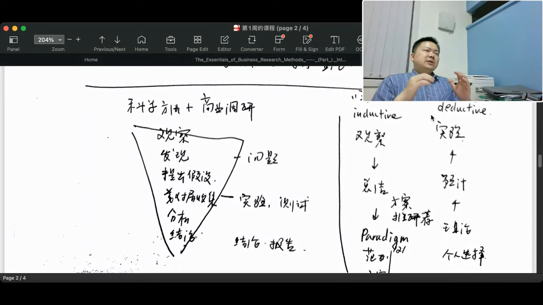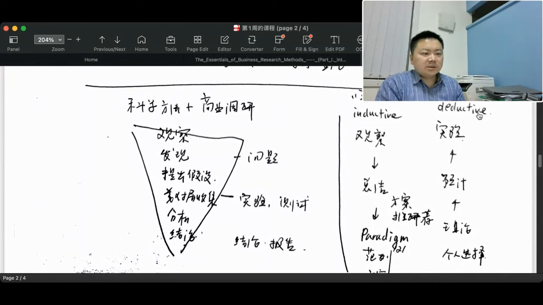First you observe, you find the problem, you raise the question, you describe it, you collect data, talk with people, you analyze it, and you have a finding. So that's a funnel of the process. So you question, you test, you validate your data.